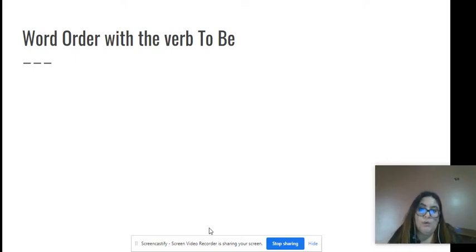When you work with questions, those questions also have a specific order. Today we're going to start with remembering all of that stuff, and we will start with the word order with the verb to be.